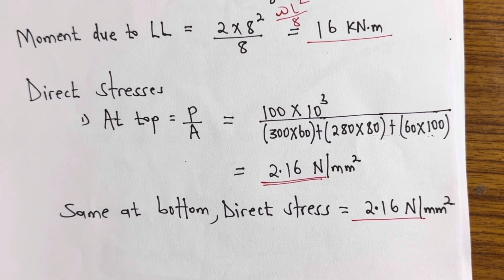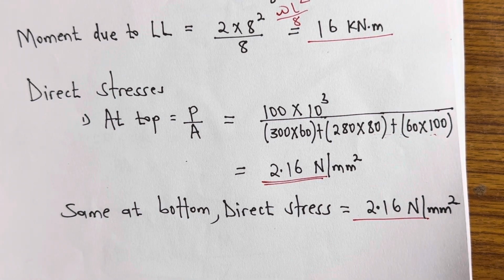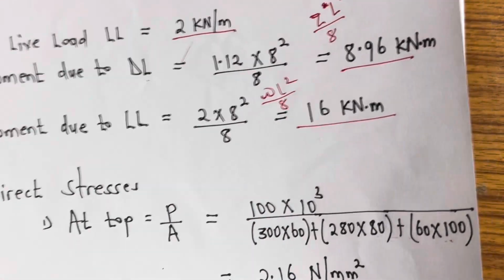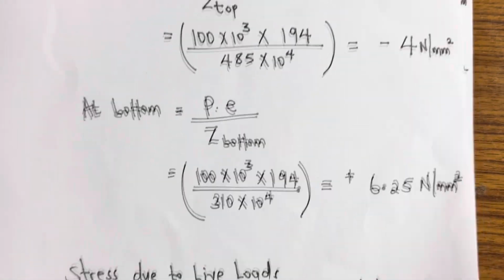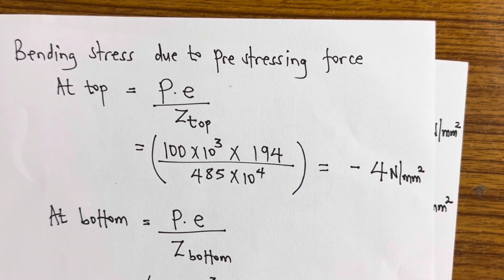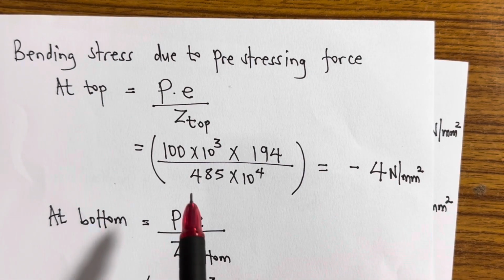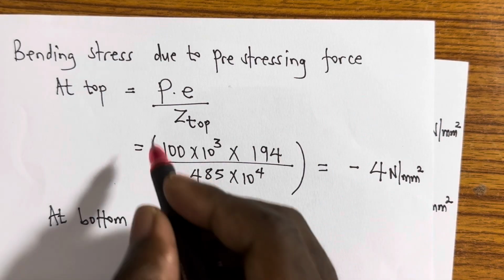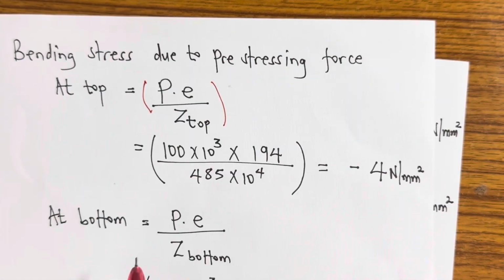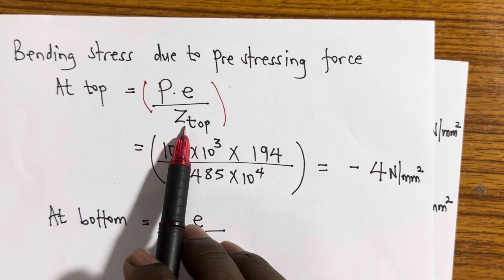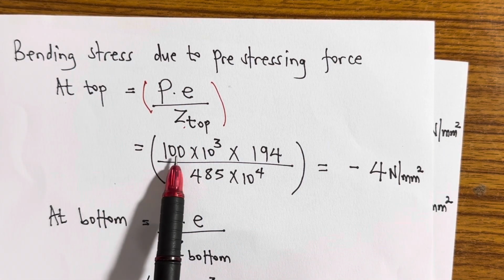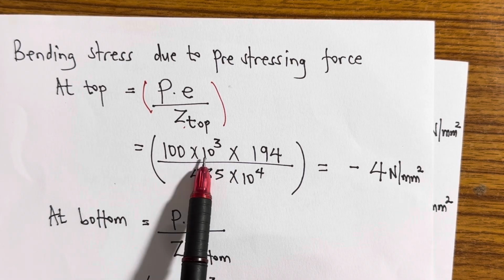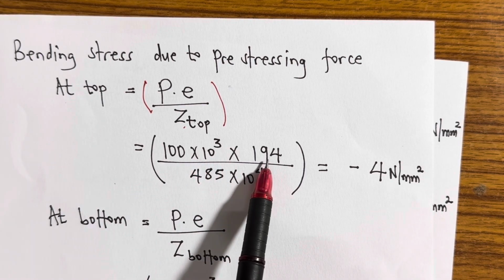Now, let us get another stress, and this is the bending stress due to prestressing force. Due to prestressing force, we learned that the formula is given by the expression PE divided by Z. Since we are starting from the top, P is 100 kilonewton, that's 100 times 10 to the power 3 Newton, times eccentricity.